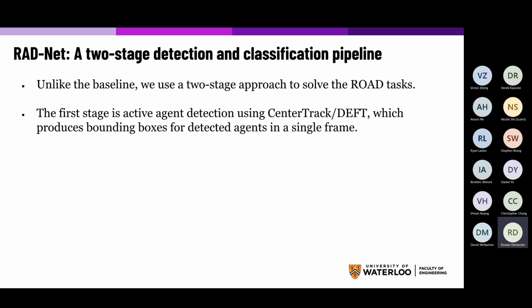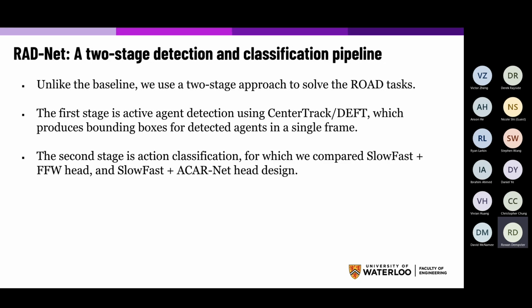And this produces bounding boxes for detected agents in a single frame. The second stage is action classification. So this is focusing on task 2 from the dataset. And we experimented with a few different model architectures that came out of the human action classification domain.